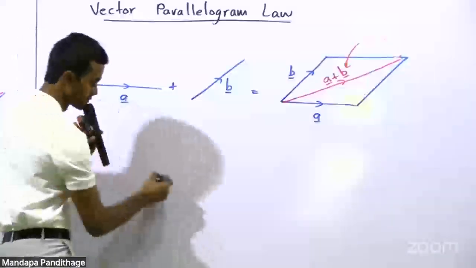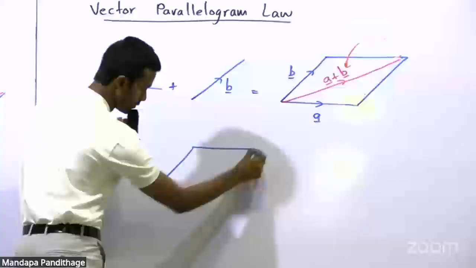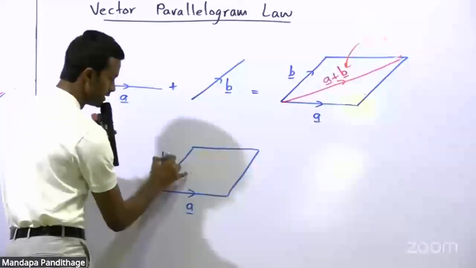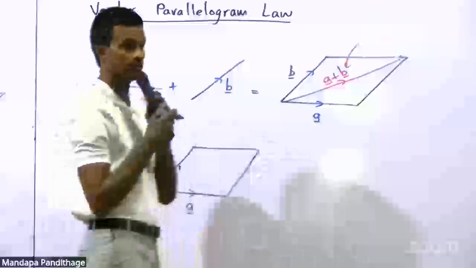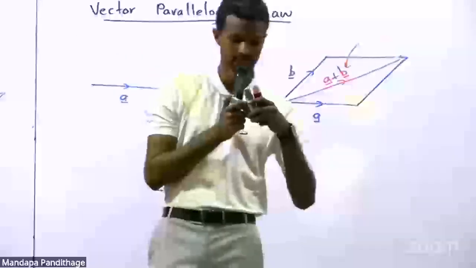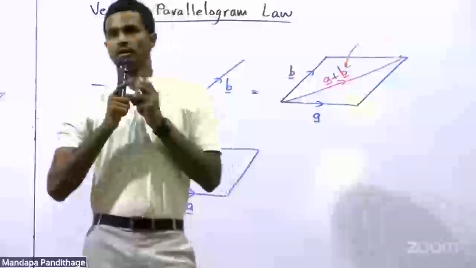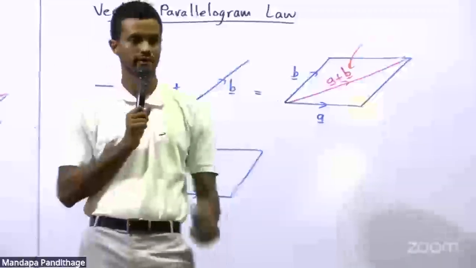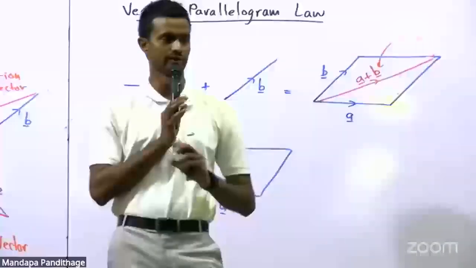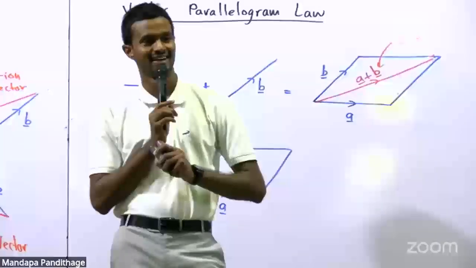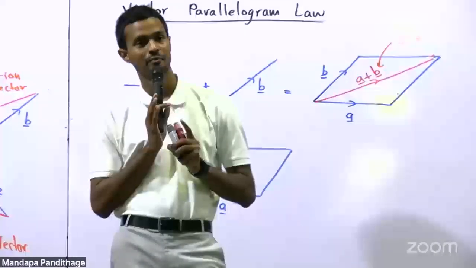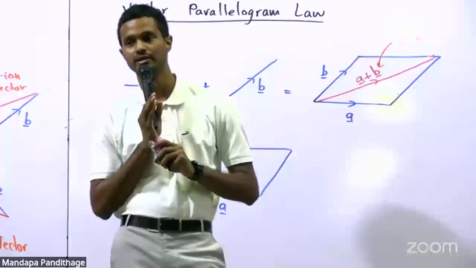Now look at this. If you consider this parallelogram, this is A and this is B. Now tell me, what is a parallelogram? A quadrilateral where opposite sides are parallel and equal.